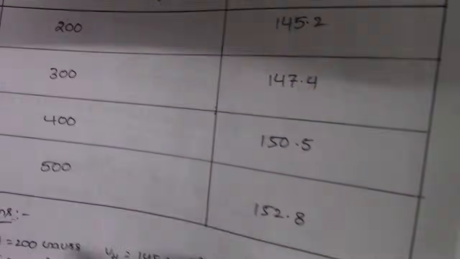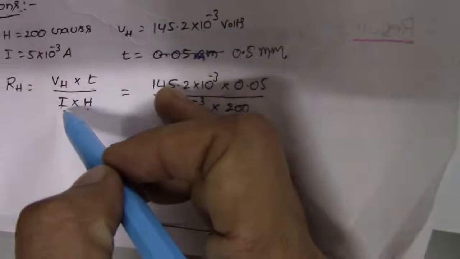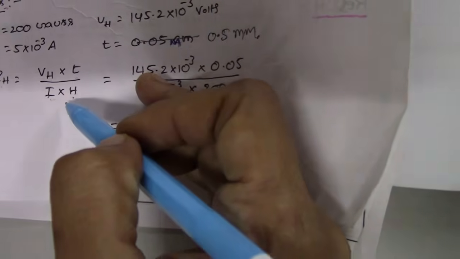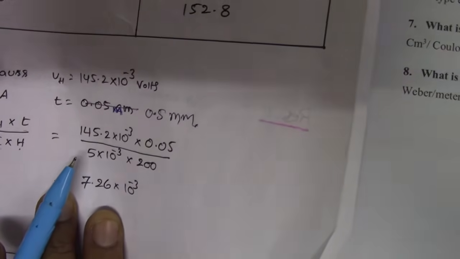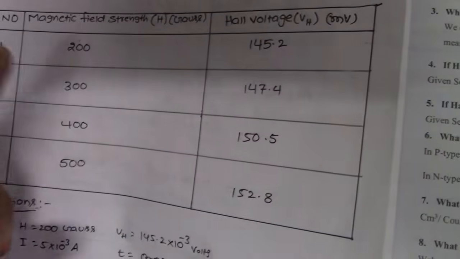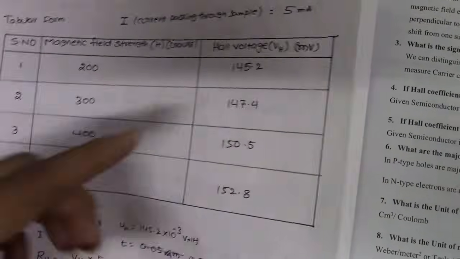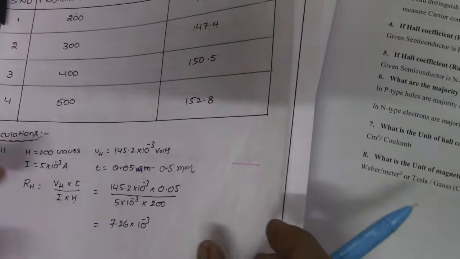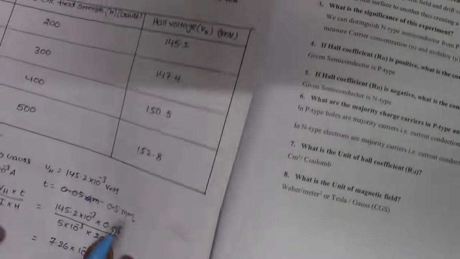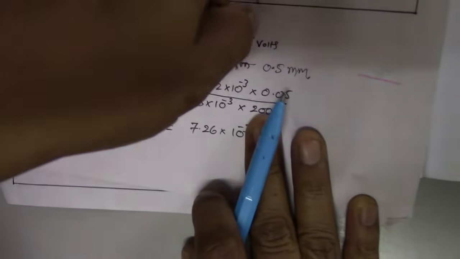So VH is measured, H is measured, and T is the thickness which is fixed, and I is also fixed for the entire experiment. So every time we are varying the magnetic field strength, and for every variation we are measuring the Hall voltage. So you can do the calculations either by taking the average of all these H and VH, or by every reading also we can take the calculations. So first one is VH is 145.2.